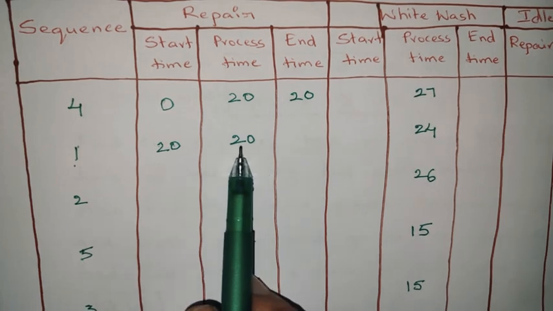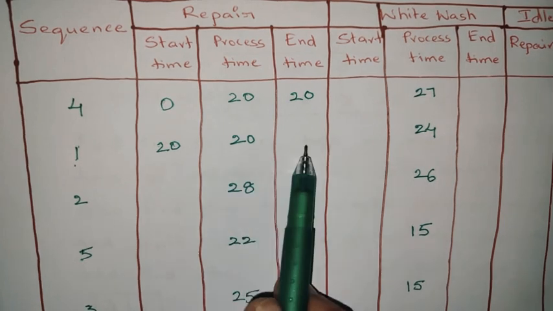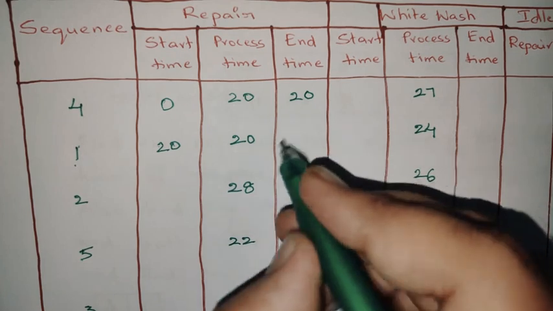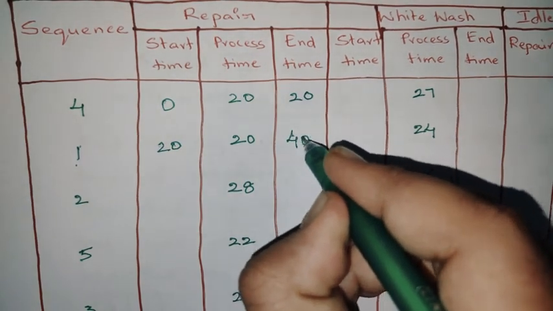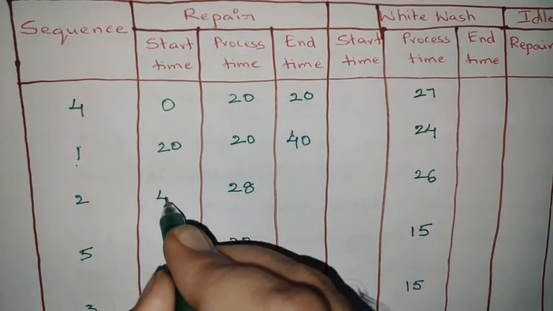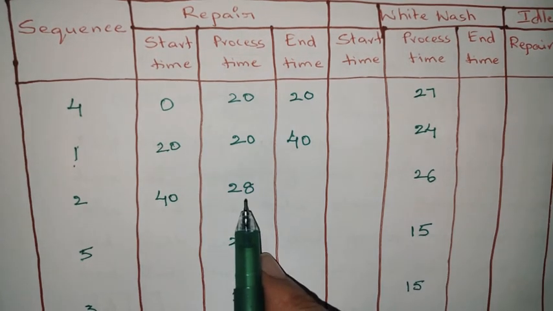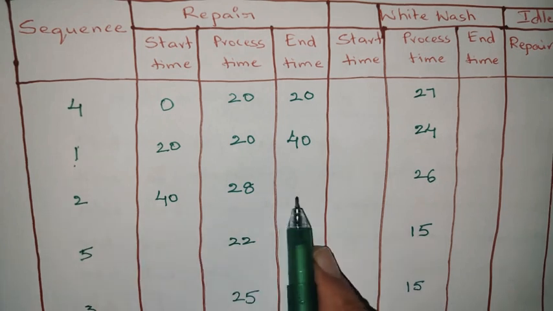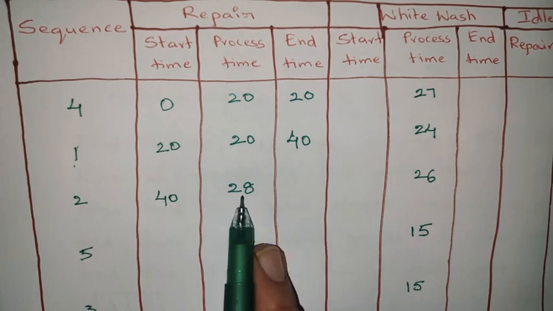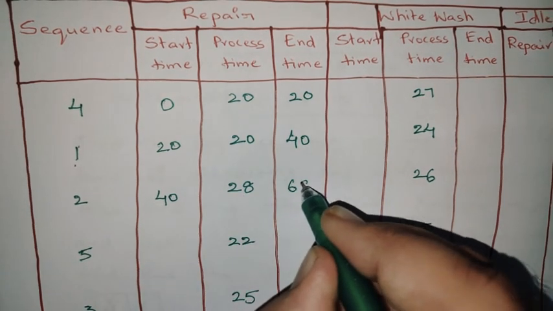The process time it takes is 20. So the end time will be 20 plus 20, 40. Next, immediately we are getting into the second floor, 40. It takes 28 hours to complete the repair in the second floor. Then the end time will be 40 plus 28, 68.